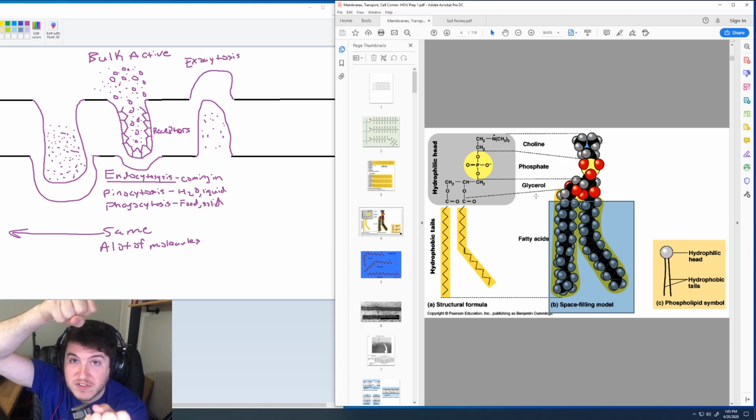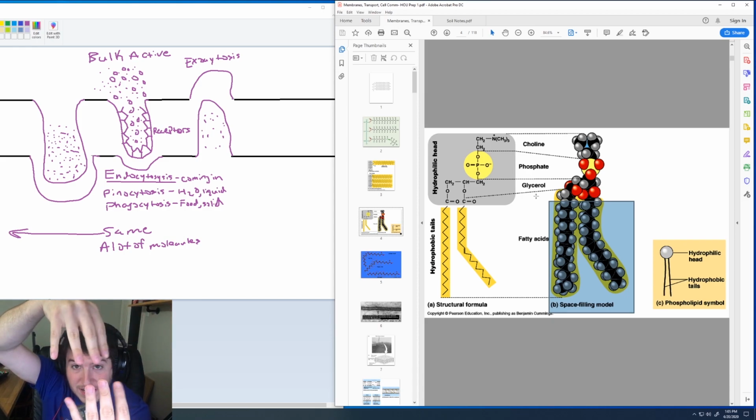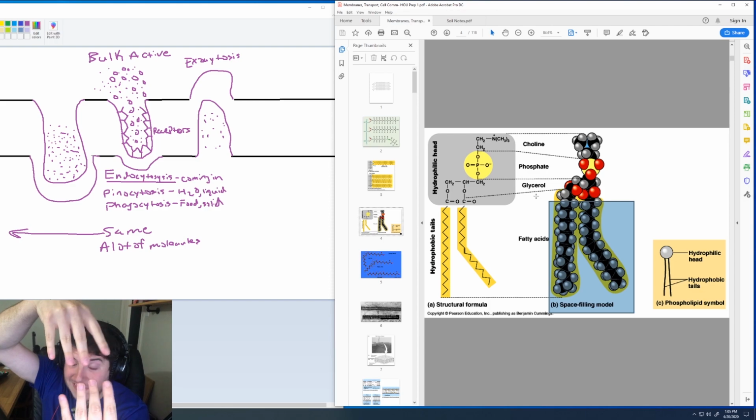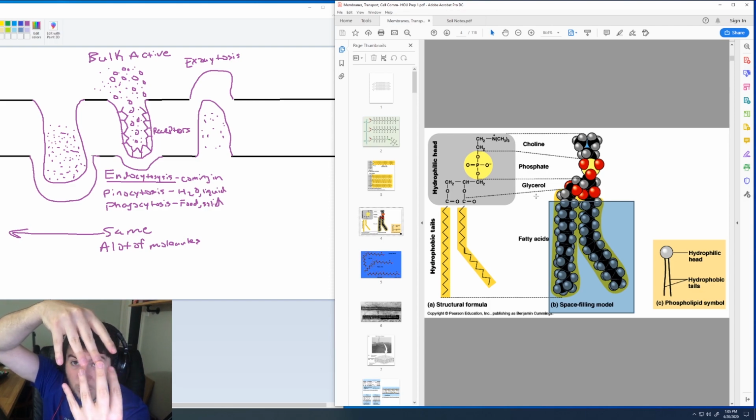Because remember, the phosphates are hydrophilic, they like water, and they're polar. The inside, the fatty acid tails, are hydrophobic, and they do not like water. So being on the inside allows them to not interact with water ever.